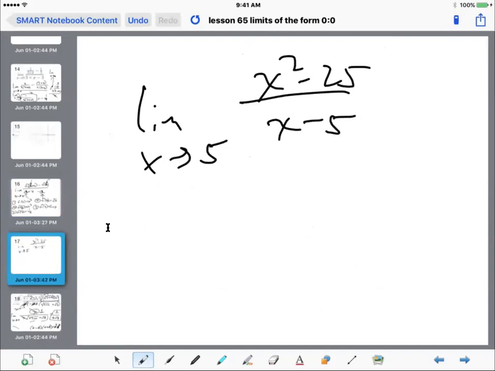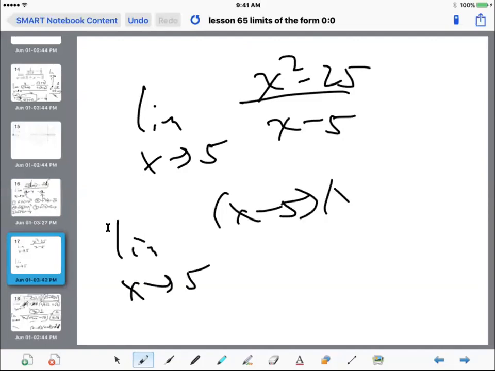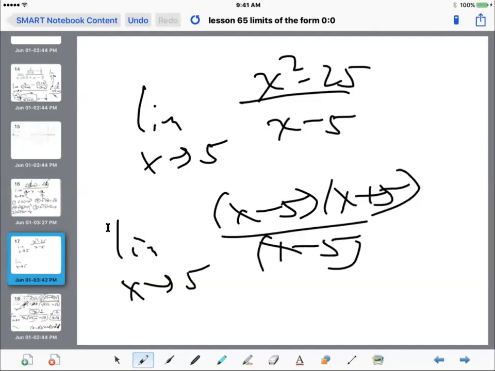So we could have other situations that seem to go to 0 over 0. For this one, you would factor: x minus 5, x plus 5 over x minus 5, cancel out the x minus 5s, and then you could plug 5 in to get 10. So there are little tricks for other situations.